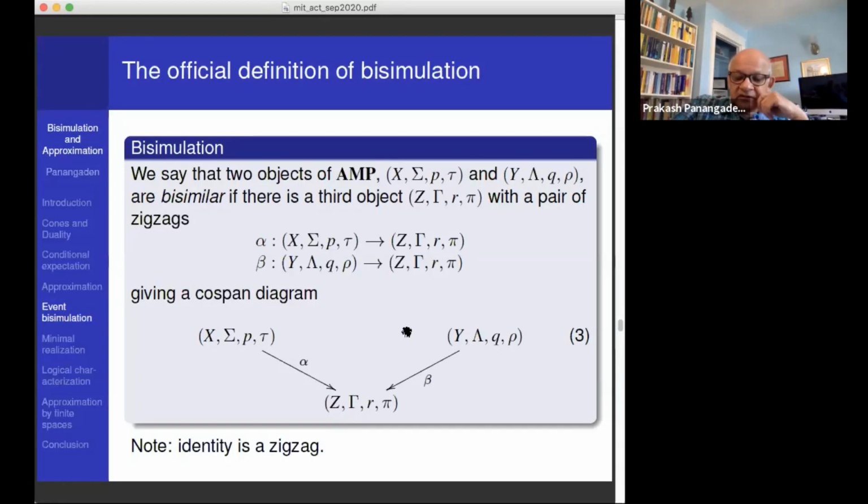So this gives a cospan. Note, by the way, that the identity is trivially a zigzag. So if I have a zigzag from X to Y directly, then I know that X and Y are bisimilar because I can put Y here and Y there and have the identity on this giving me the cospan that I want. Okay, but in particular, it might be that there is no zigzag between X and Y, but they both have zigzags into a cospan like this.